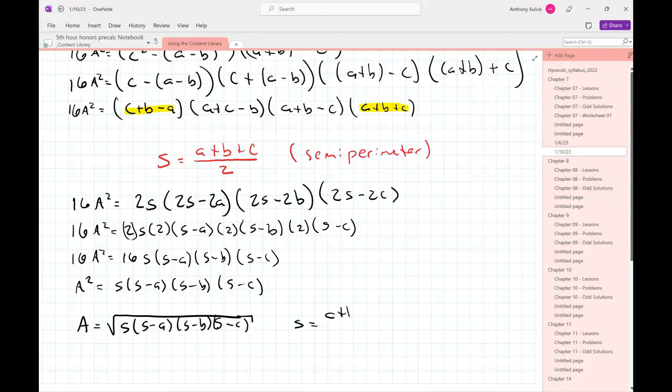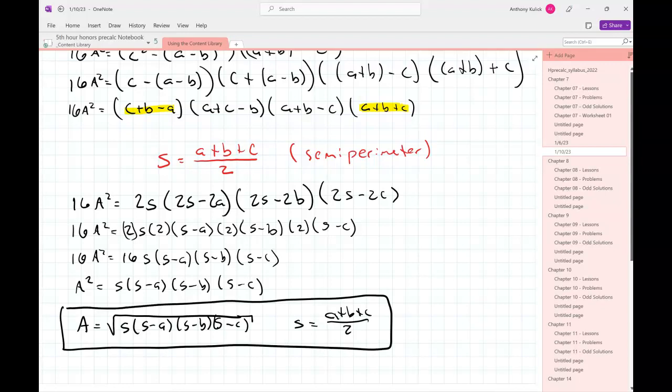To get this, where S is that semi-perimeter. Woo! Again, when I did the square rooting, it creates a plus or minus, but since we're talking about an area, obviously it can't be negative.